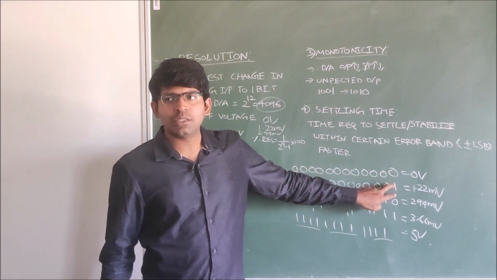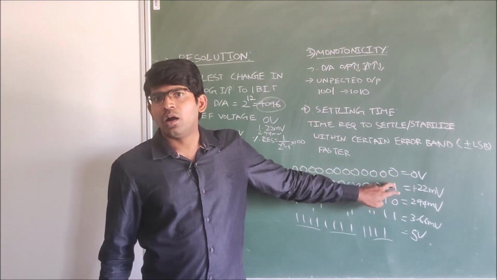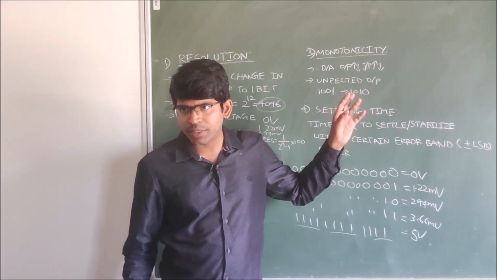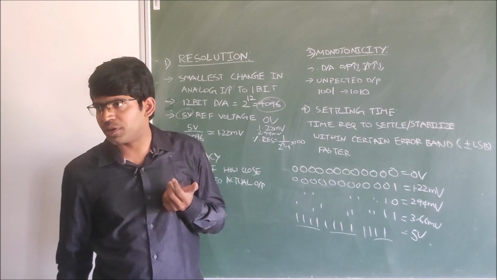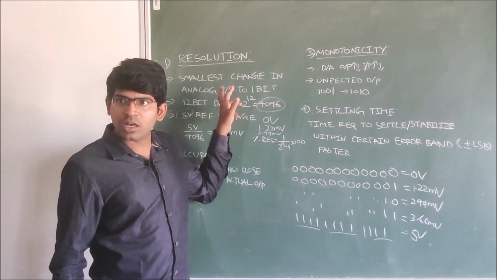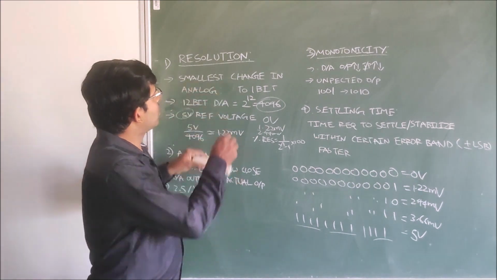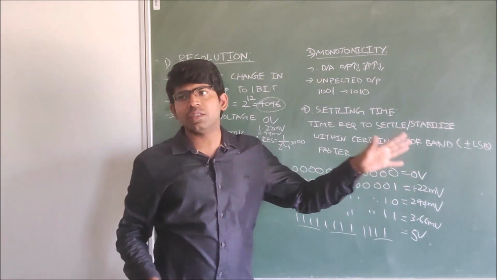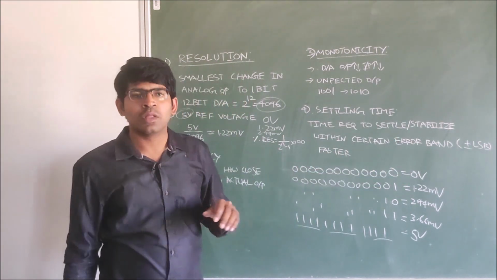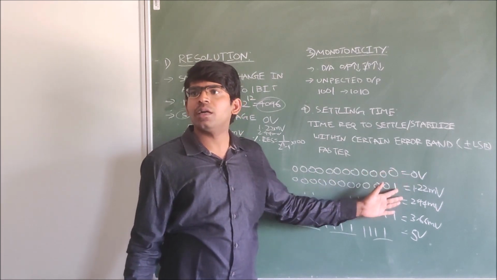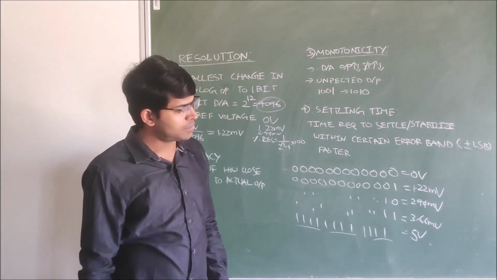For 1 bit change, how much exactly is the output voltage changing, because we are expecting analog output from the digital to analog converter. Resolution is the smallest change in the analog output value with respect to the 1 bit change in the digital information.